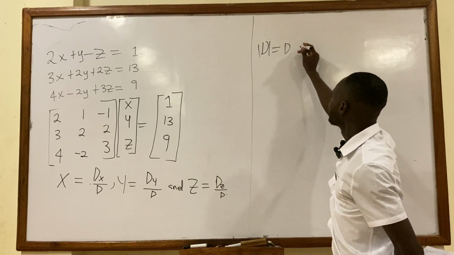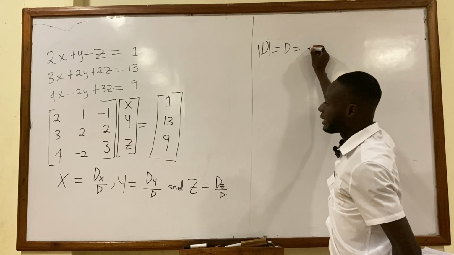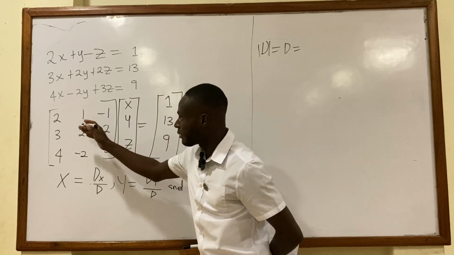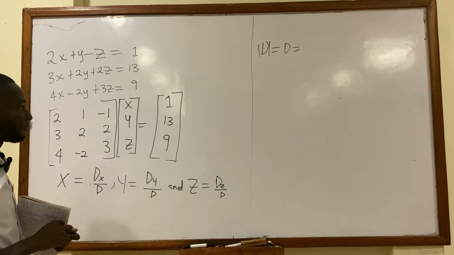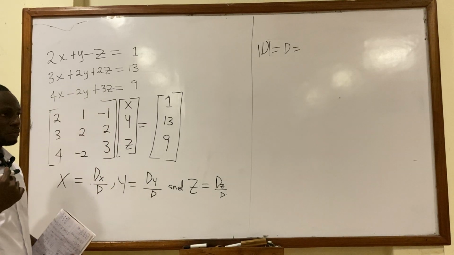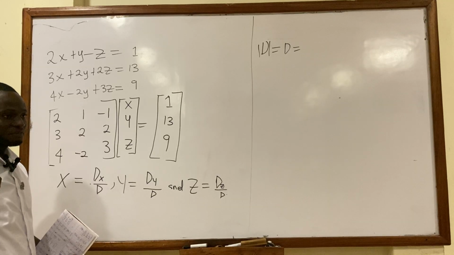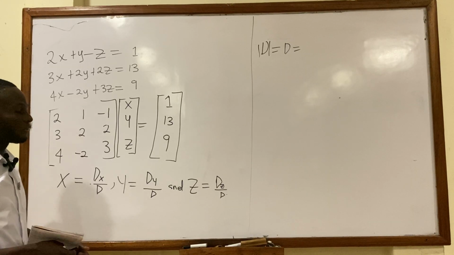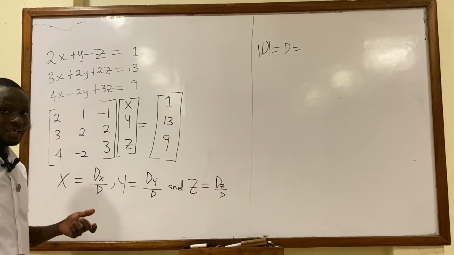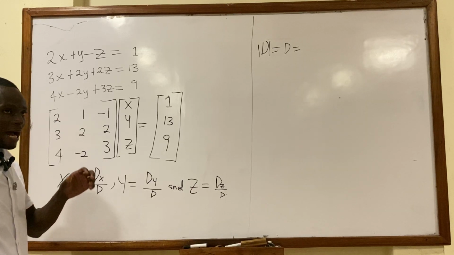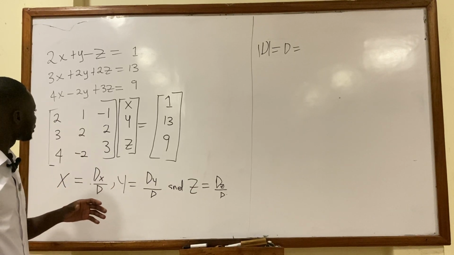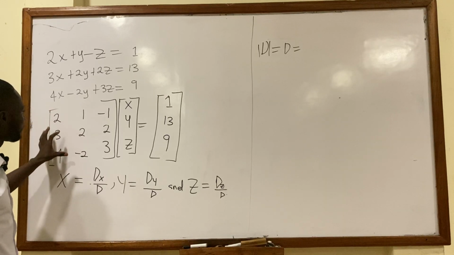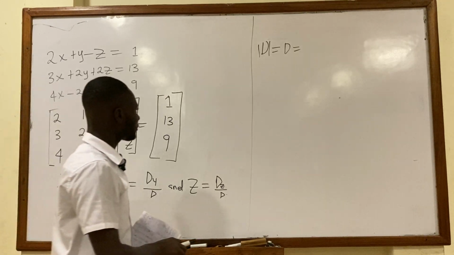So now you know how to find the determinant. If you've already watched my first video on inverse, I taught how to find the inverse of a matrix, and I explained the determinant, the transpose, and the cofactors. Good. So now let's find the determinant of this 3 by 3 matrix.